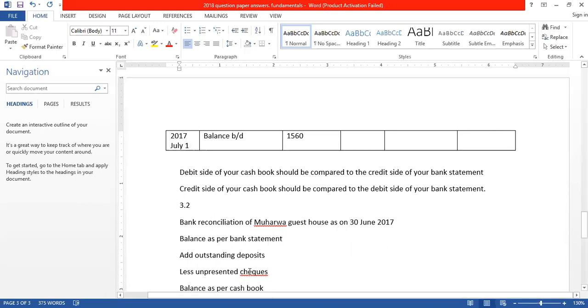Okay, so this is a straightforward formula of your bank reconciliation. There are actually two formulas, but I prefer this one because it's very easy and straightforward. So you take your balance per bank statement, add all your outstanding deposits, and subtract all your unpresented checks, and then you get your balance as per cash book, which will be the same as the 1,560.